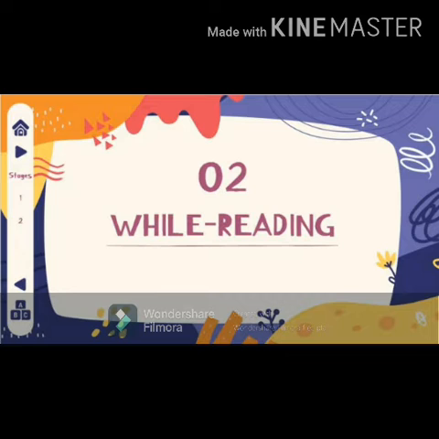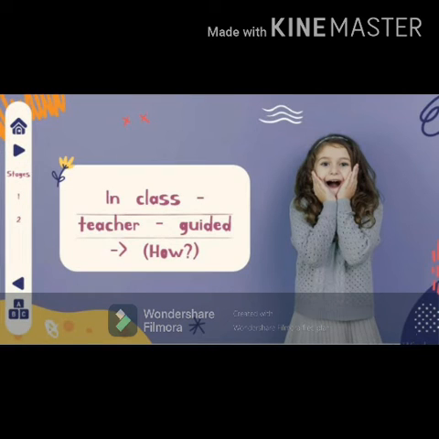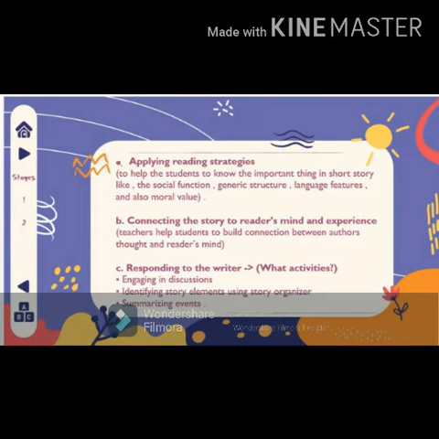And the second stage is while reading activities. In this stage, the teacher must guide it in class. How to do that? A. By applying reading strategies to help the students to know the important things in a short story, like the social function, generic structure, language feature, and also moral value.